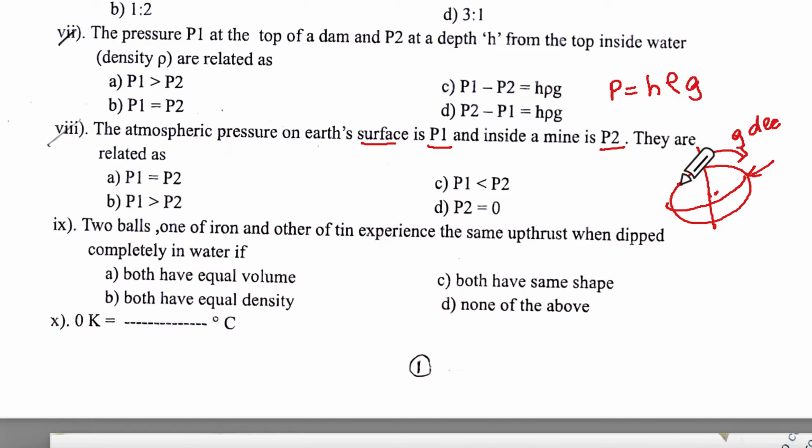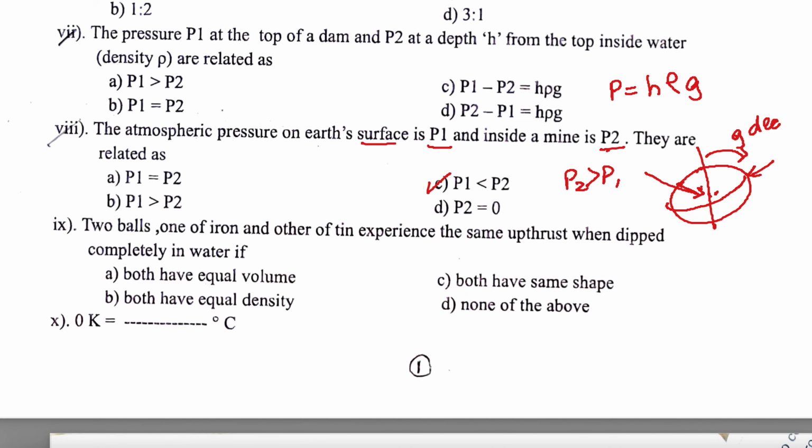So from the surface, if you go inside, the air column is going to be more, right? So inside P2 will be more. Agreeable to you? Yes, ma'am. Option C. P2 is more means P1 is less, correct?